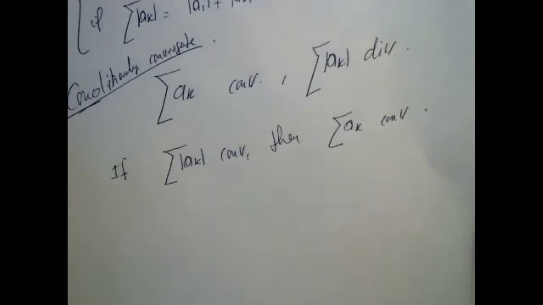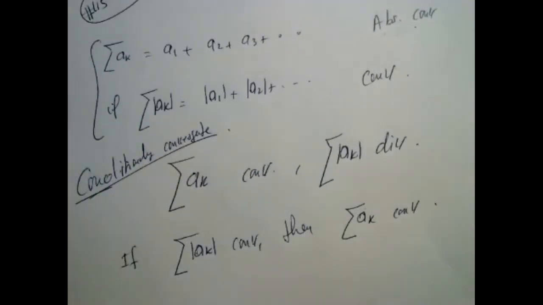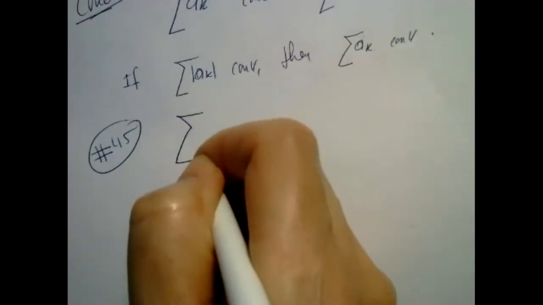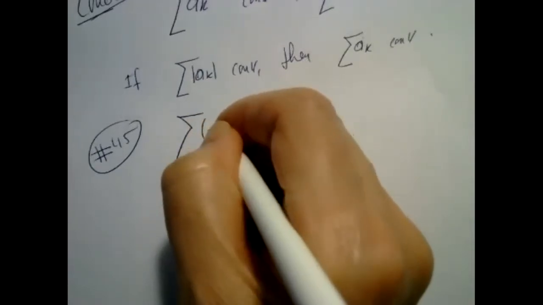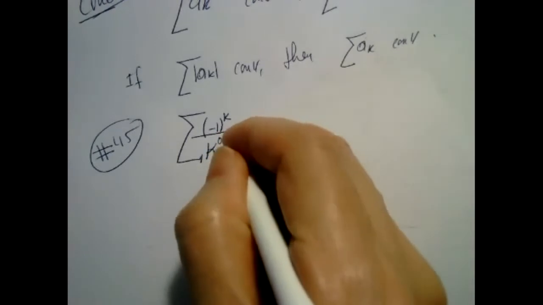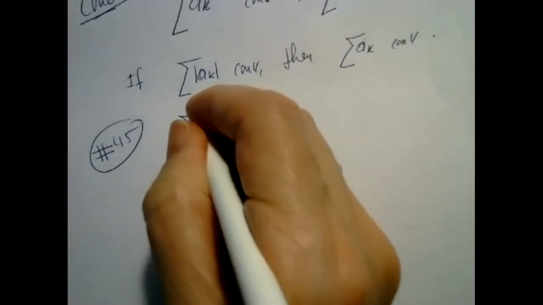Now we look at your problem, number 45. Are you done? Yes. So number 45, we have the following series: sigma of minus 1 to the k over k to the power 0.99, k from 1 to infinity.